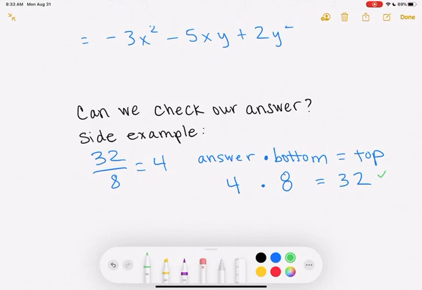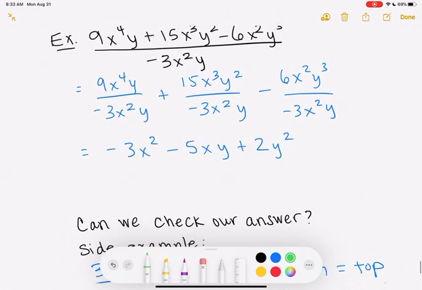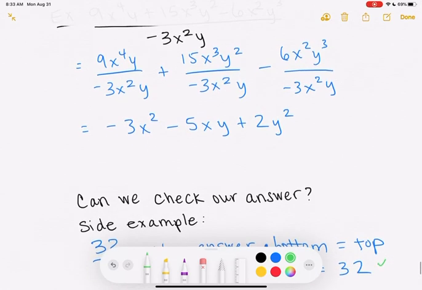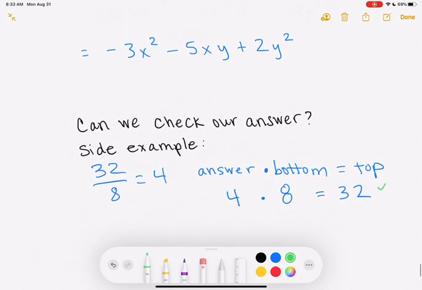So we're going to use the same method, and it's going to be good practice for what we learned earlier. We're going to try to check our answer to this last example that we did. Okay? So what we're going to do is we're going to take our answer that we got, which is negative 3x squared. I'm going to rewrite it. Negative 3x squared. So this is the answer that we got. We're going to multiply it by something.